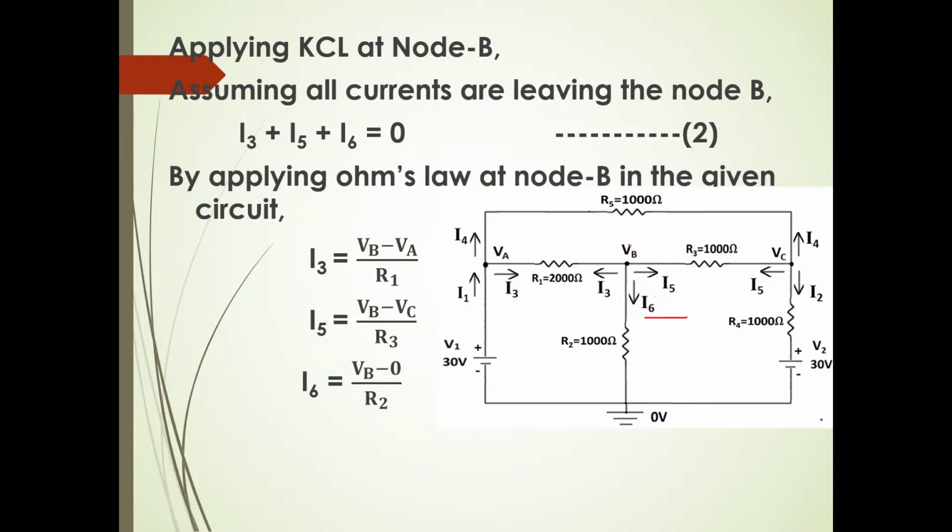What is I6 current? This I6 current travels from node B to reference node. So what is the resistor through which I6 current travels? It travels through resistance R2.